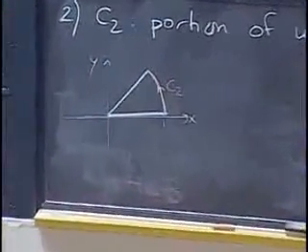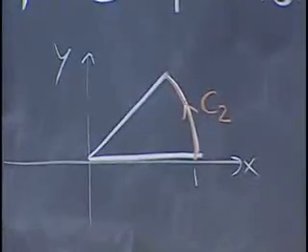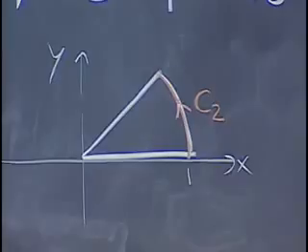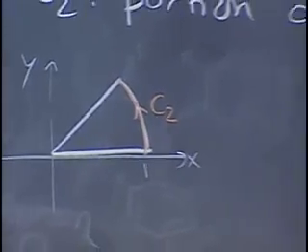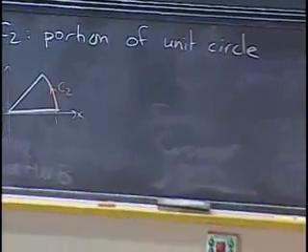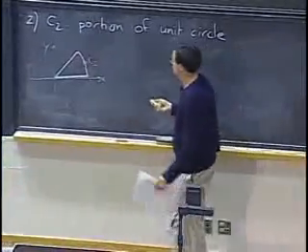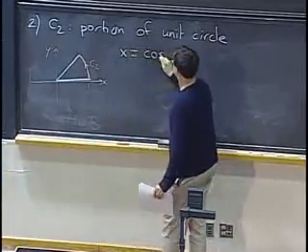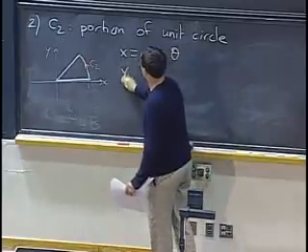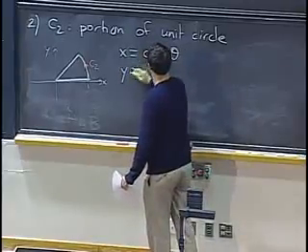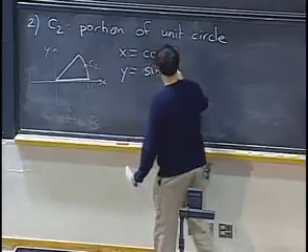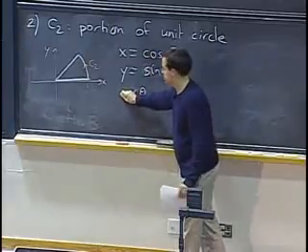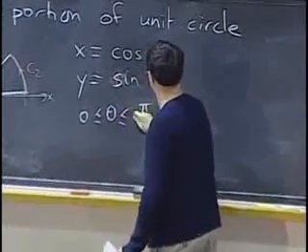And of course, we have to choose how to express x and y in terms of a single variable. Most likely when you're moving on a circle, you're going to use the angle along the circle to tell you where you are. So we're going to use the angle theta as parameter, and we'll say, we're on the unit circle, so x is cosine theta, and y is sine theta. What's the range of theta? Theta goes from 0 to pi over 4.